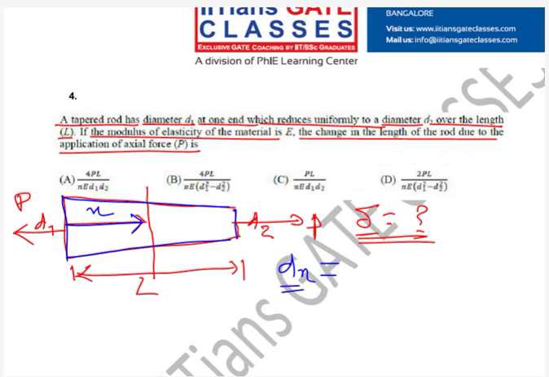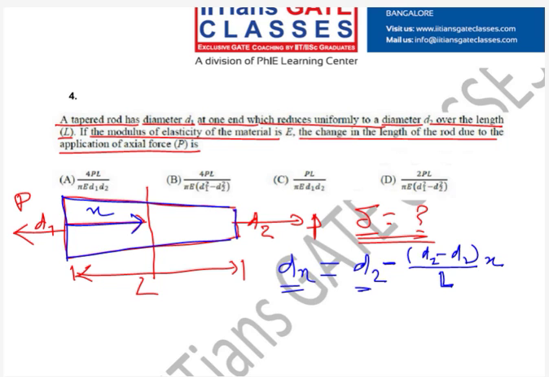So I can write the initial diameter is D2. Then the diameter is uniformly decreasing, so minus sign. What is the total change? It is D2 minus D1, over what length? Length L. And at what distance do we have to find it? At a distance x. Is it clear?